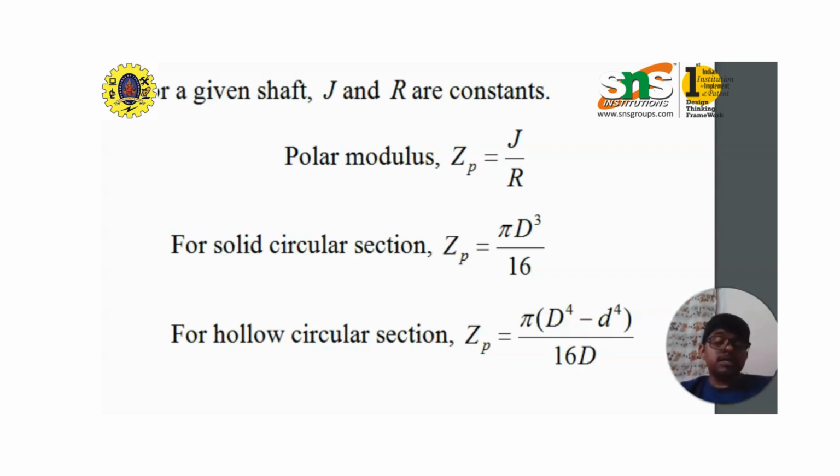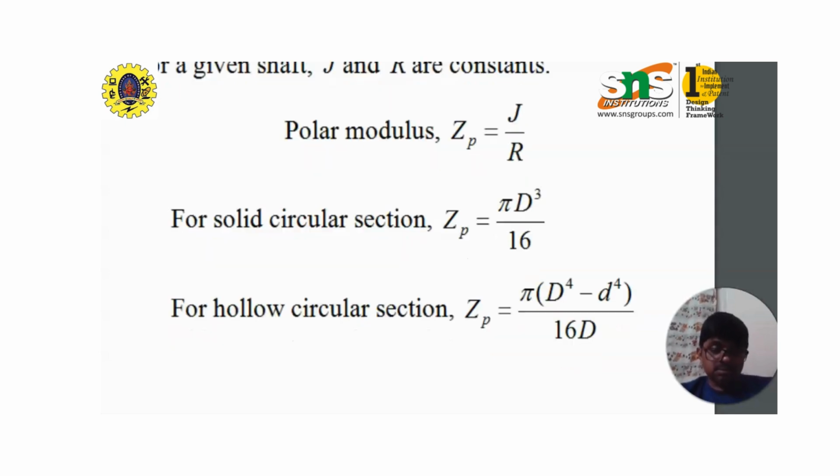So the two sections use two different formulas, the second being pi into D power 4 minus d power 4 divided by 16 into D, where capital D represents the external diameter and small d represents the internal diameter. Accordingly, we need to modify the condition to find out the actual status.